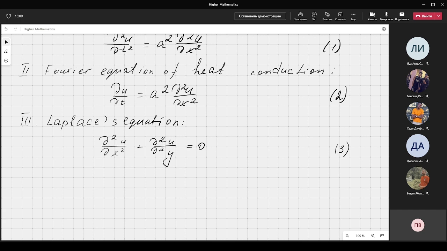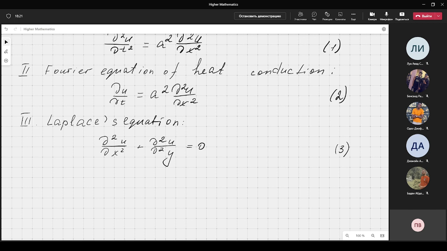This equation is invoked in the study of problem dealing with electric and magnetic fields, stationary thermal states, problems of hydrodynamics, diffusions, and so on.